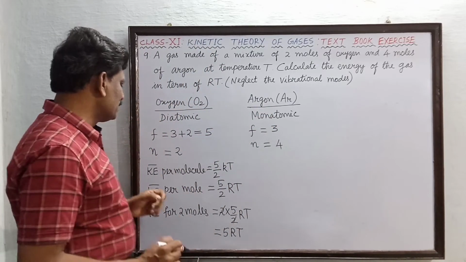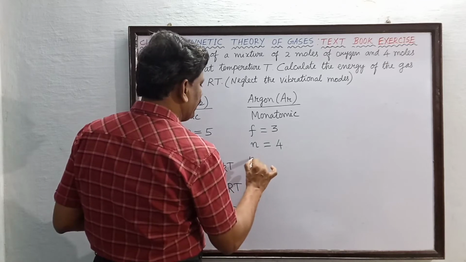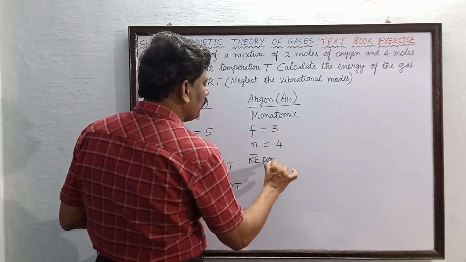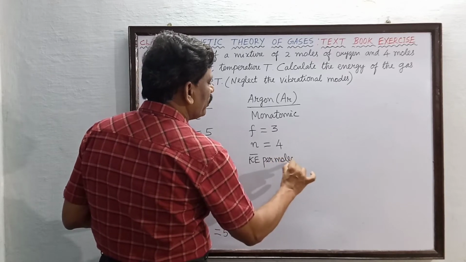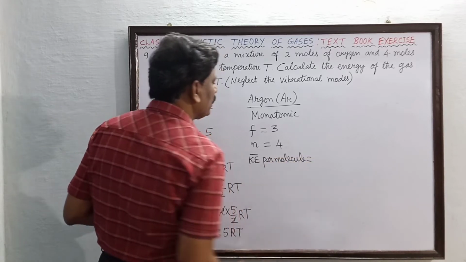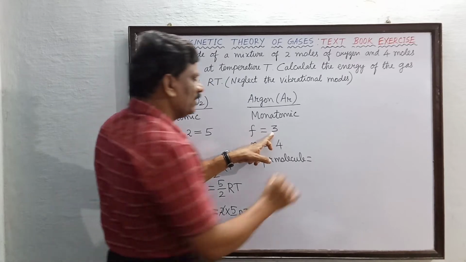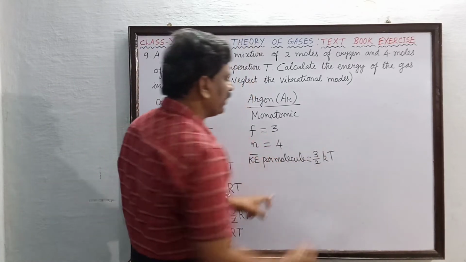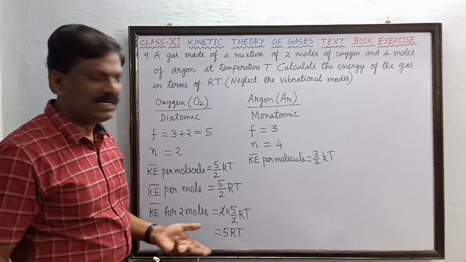Very simple it is. So here also, average kinetic energy per molecule is 3 times half kT. So this is 3 by 2 kT, because it has 3 degrees of freedom.